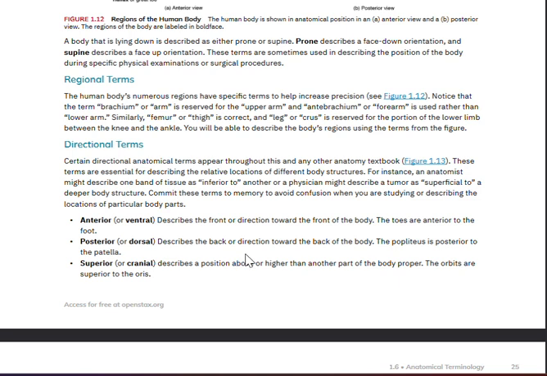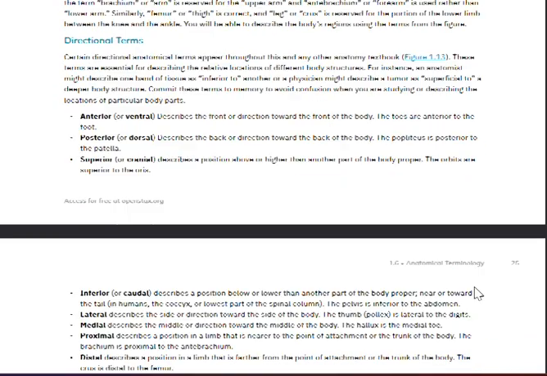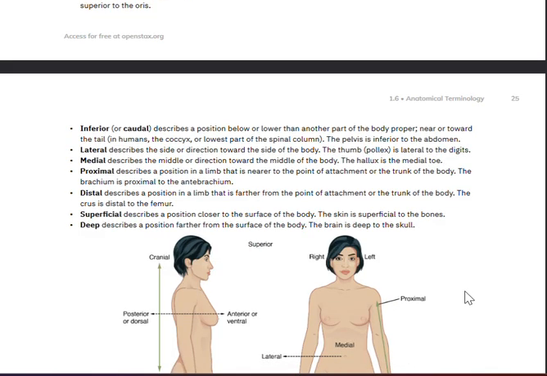The popliteus is posterior to the patella. Superior describes a position above or higher than another part of the body proper. The orbits are superior to the oris. Inferior describes a position below or lower than another part of the body, nearer toward the tail. The pelvis is inferior to the abdomen.